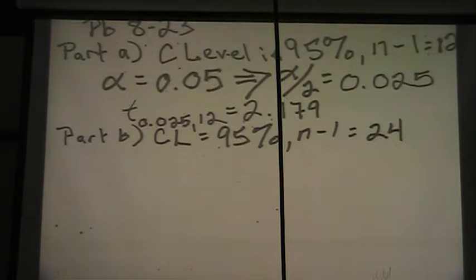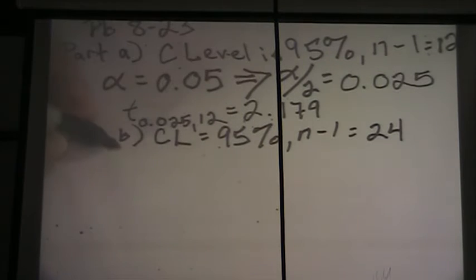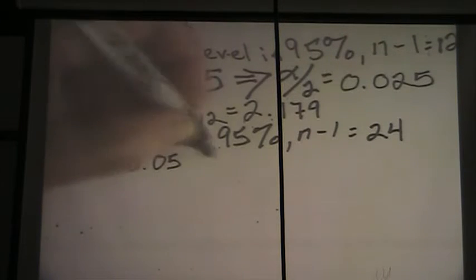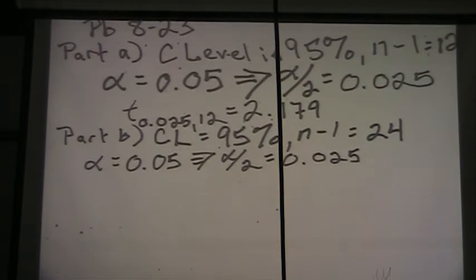All right, so 95% means that alpha equals 0.05, implying that alpha divided by 2 equals 0.025. Okay, easy enough.